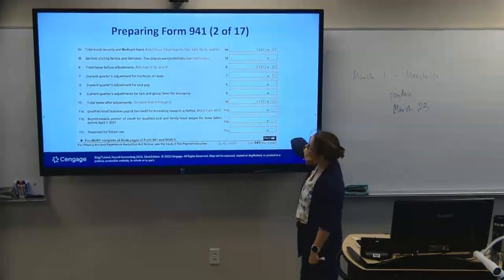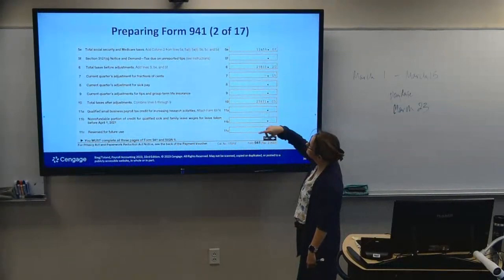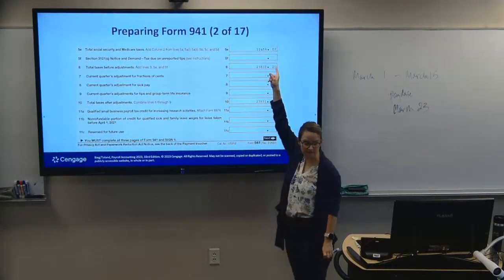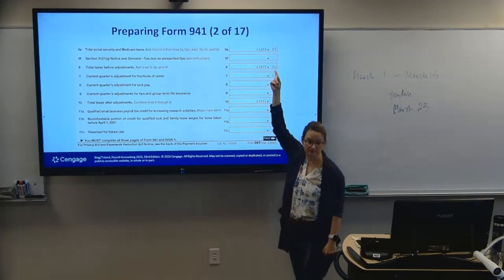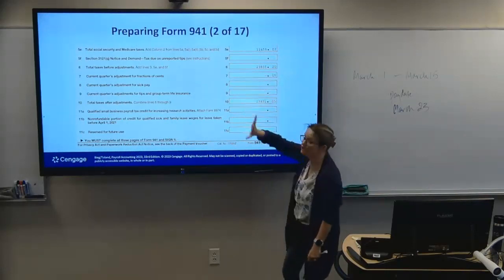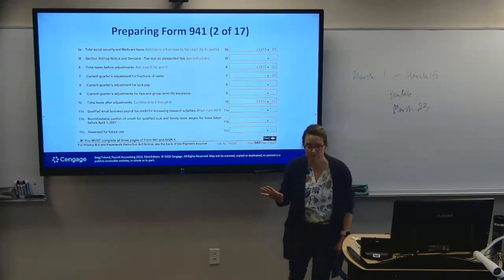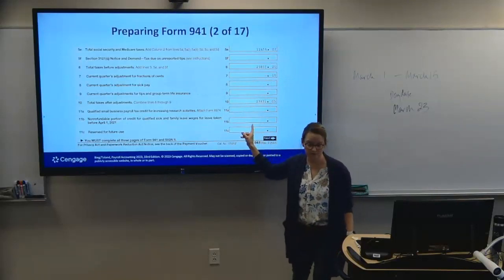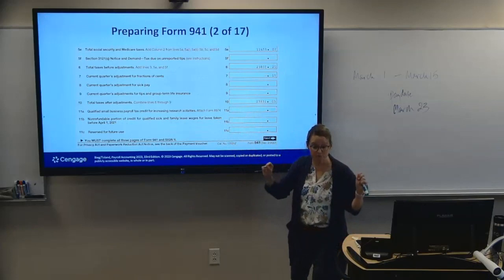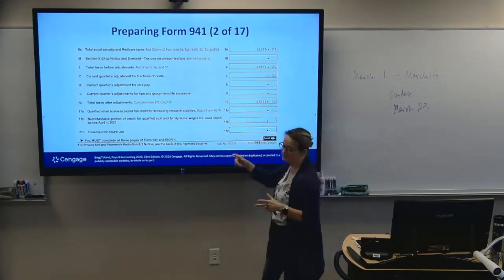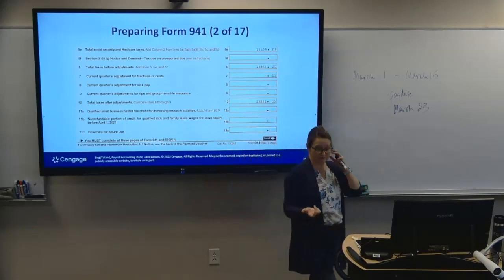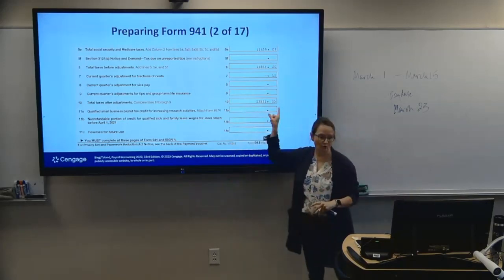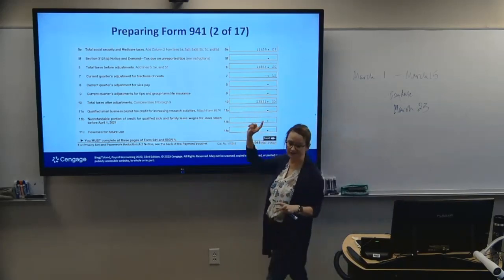Don't worry about line 5F. Line 6, we're including the Social Security and Medicare taxes, as well as the federal income taxes. And you'll notice all IRS forms, for the most part, will give you the instructions right there, what you need to add up, but you do have to read it. I find that that's the issue I have a lot with, especially with my income tax students, is they fail to read everything there.